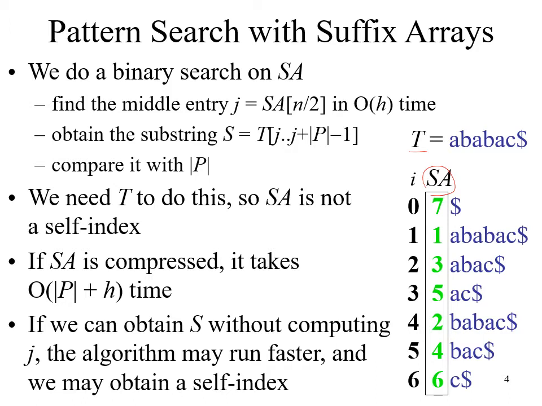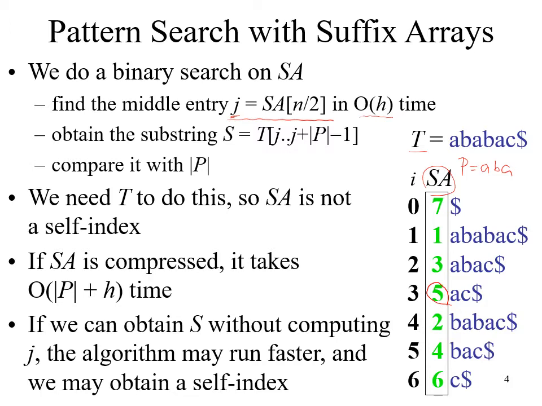For example, if we want to find P equals ABA, we find the middle entry j. The middle entry is in this case 5, so j equals 5. And if we use the compressed suffix array, then it takes order h time to find this middle entry.